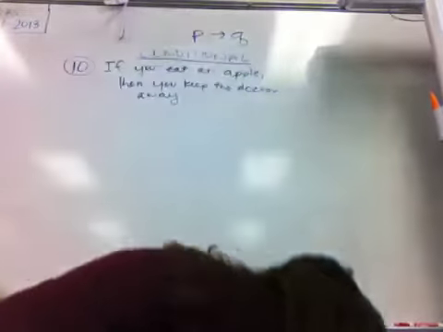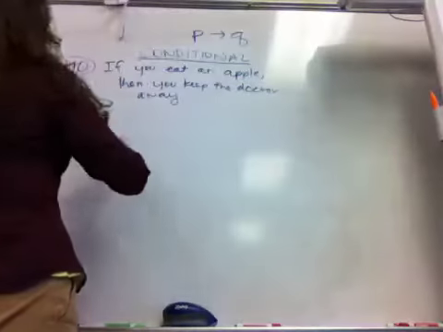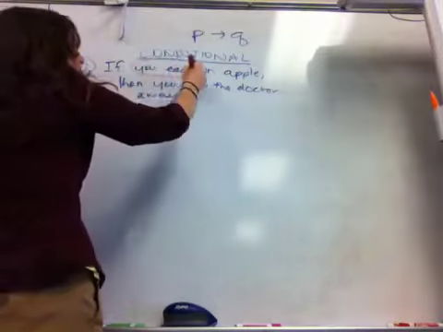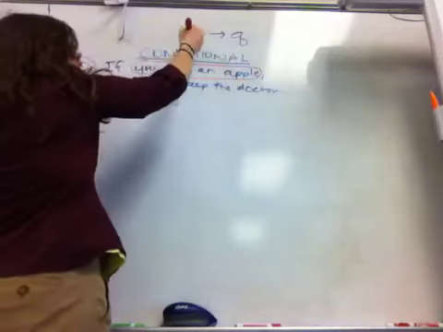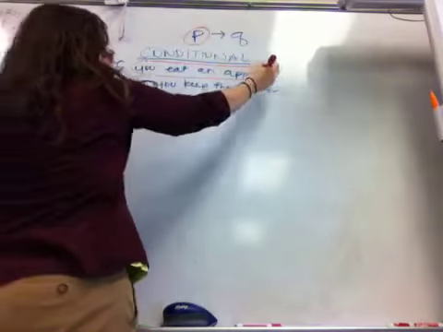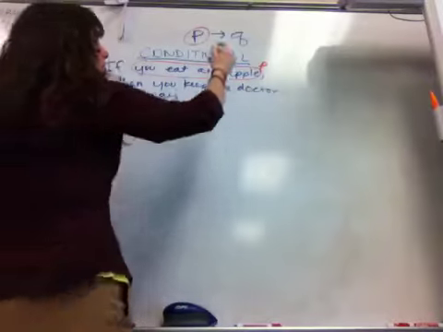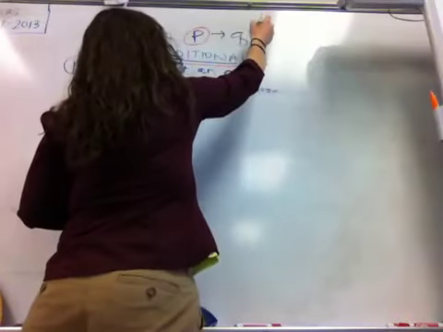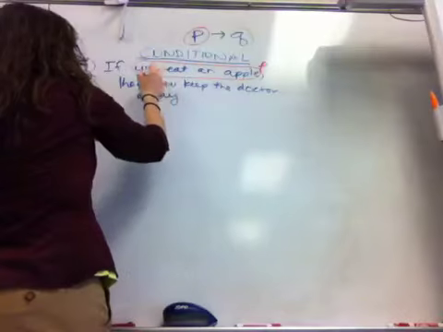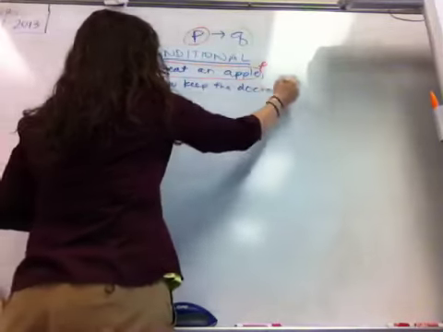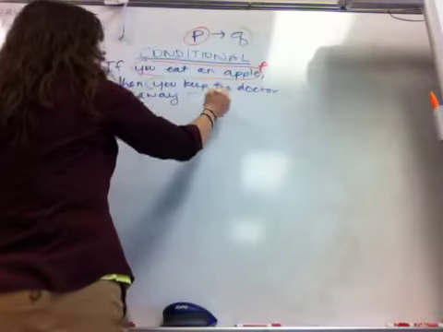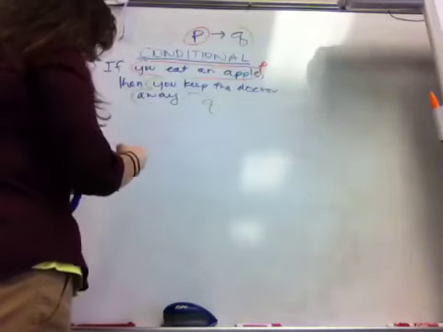You guys were doing really good on this when we were back in Chapter 2, but it's been a long time. Where is your P? Your P is the part that's with the if in your original statement. And then your Q is called the hypothesis. Your hypothesis, the Q, is the stuff that's with the then part in your sentence.